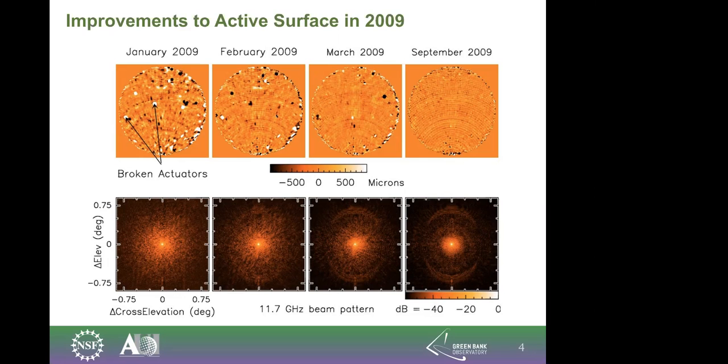But if you look at September in 2009, the dish surface is relatively smooth compared to January. This shows how the improvements to the active surface really can affect the RMS that you're measuring across the dish structure. And on the bottom is a comparison of what the 11.7 gigahertz beam pattern looks like for these different types of dish smoothness.